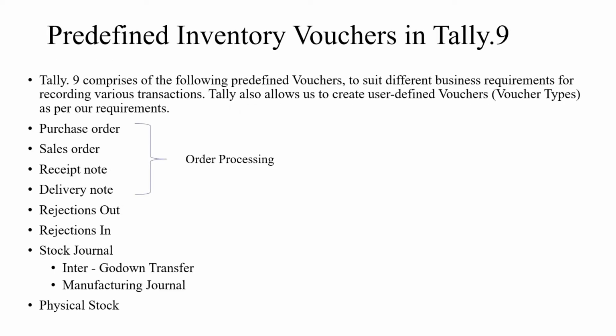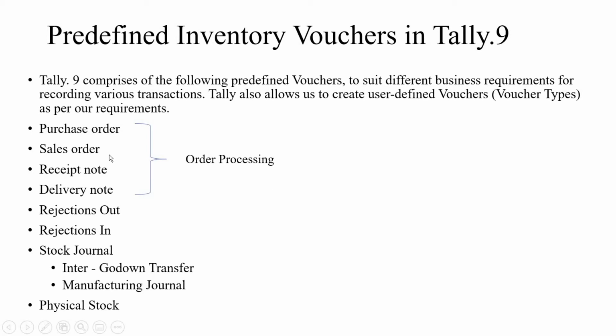Next is the built-in inventory vouchers in Tally 9. Here we have purchase order, sales order, receipt note, delivery note, rejection out, rejection in, stock journal. Under this again we have intergodown transfer, manufacturing journal, and the last one is physical stock.